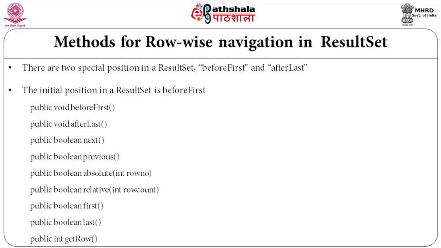The next method returns a Boolean value: whether the next row is not the after last. When you say next, and if you reach the after last position, it returns false. So if I want to navigate over all the rows in a particular ResultSet, I would use the simplest way, which should be just a loop on the ResultSet.